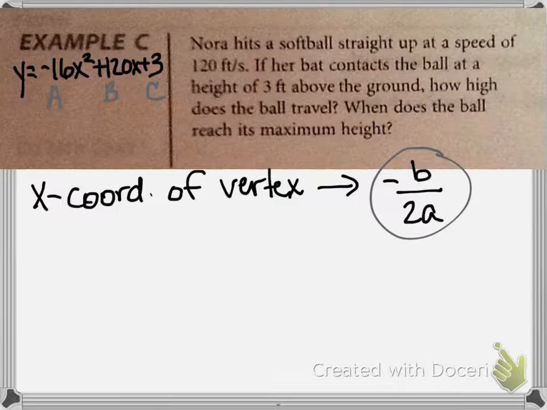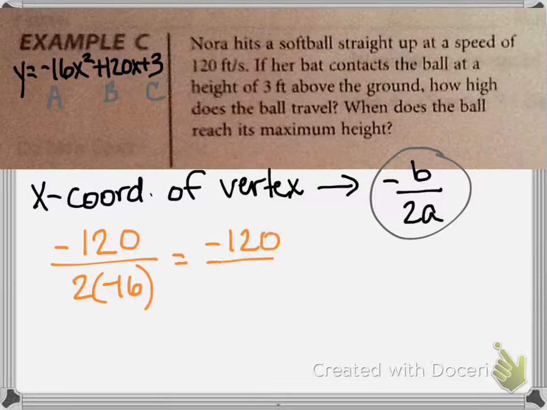Negative b, so b is 120, so this is negative 120 over 2 times a, which is negative 16. That equals negative 120 divided by negative 32, which is 3.75. So that is the amount of time.